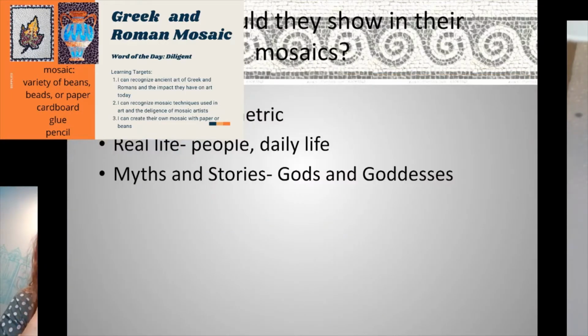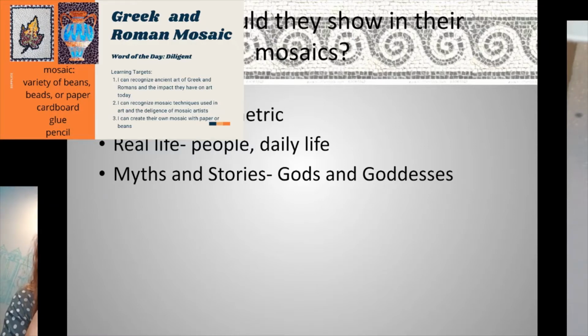So in their mosaics, they often showed geometric patterns. Do you remember what geometric means? Okay, geometric usually has angles and straight lines. It's also something that's usually symmetrical.